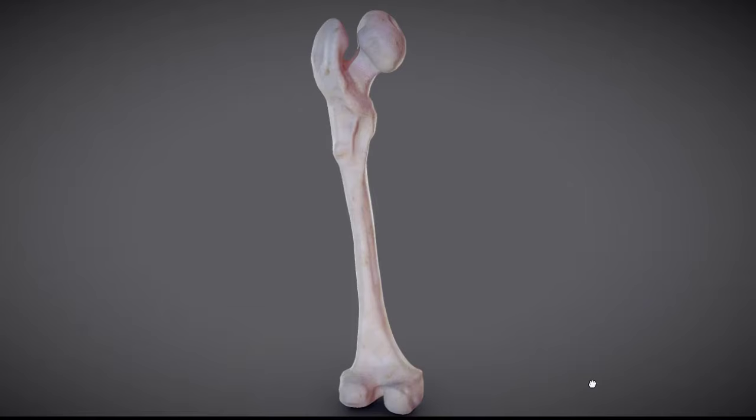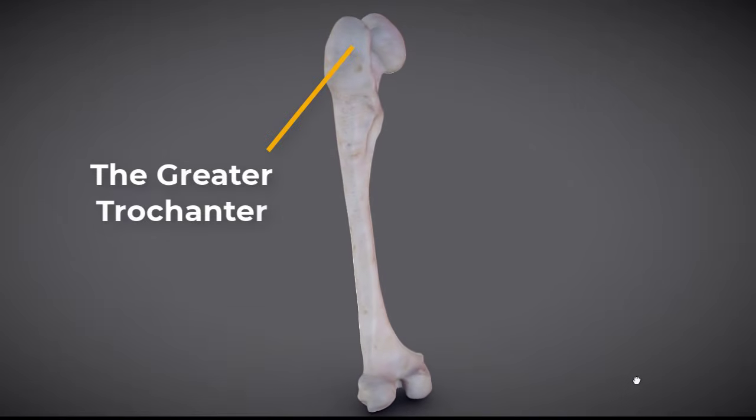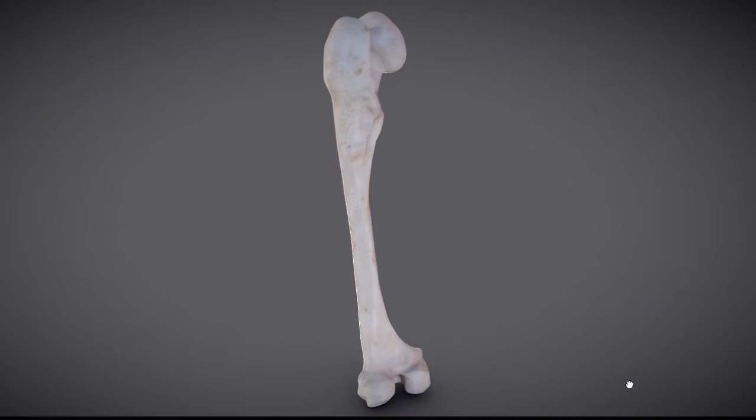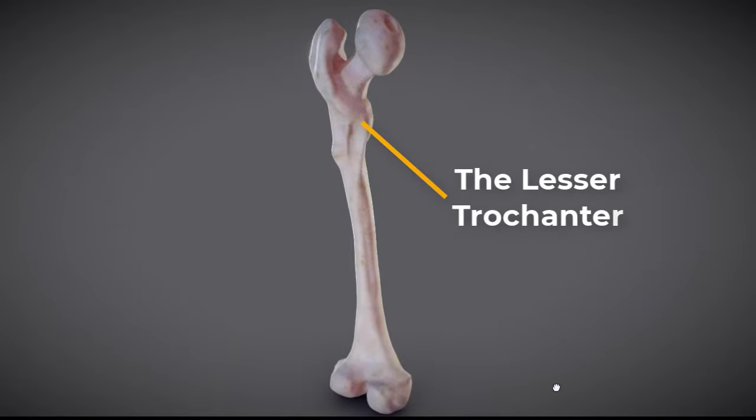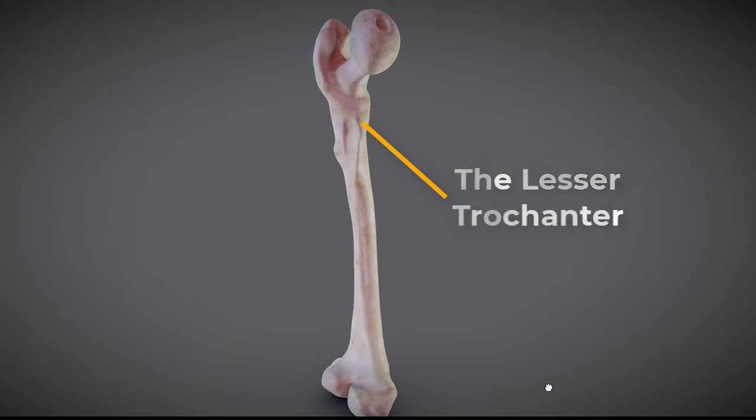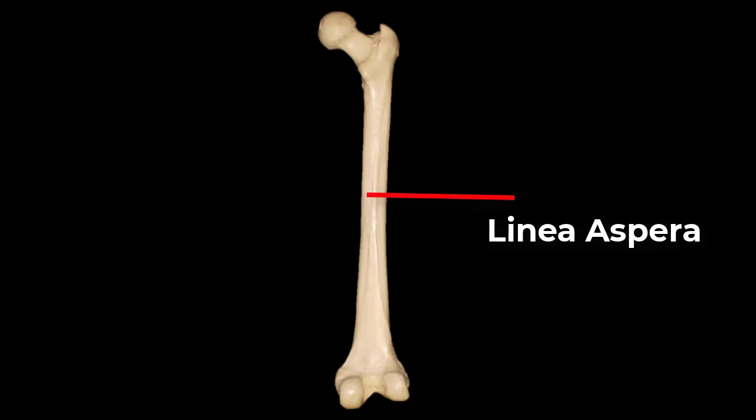The greater trochanter is the large upward bony projection located above the base of the neck. The lesser trochanter is a small bony prominence that lies on the medial aspect of the femur just below the neck. The linea aspera is the roughened ridge that passes distally along the posterior side of the mid-femur.